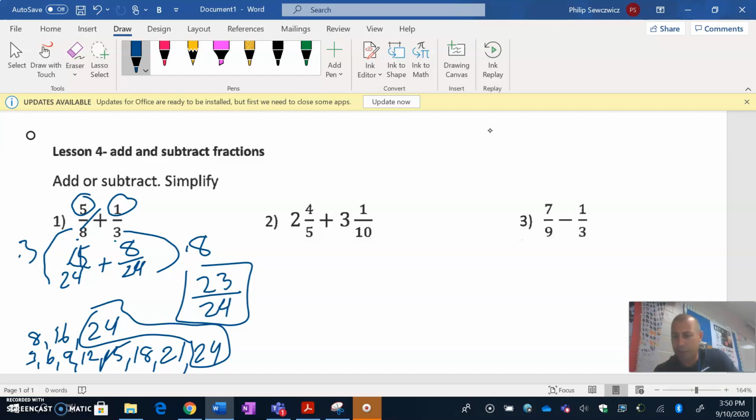All right, let's look at question number 2. In question number 2, these are mixed numbers. So we just ignore the whole numbers right now. Ignore that 2. Ignore that 3. We're going to focus on 4/5 and 1/10. What I'm looking for is, what's the number that 5 and 10 can both fit into?